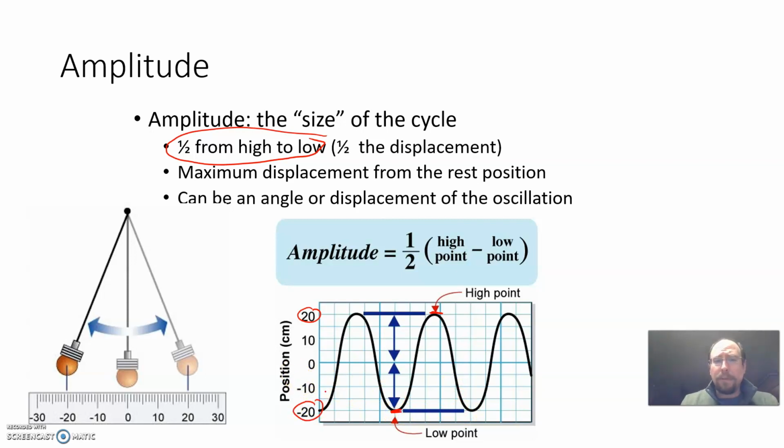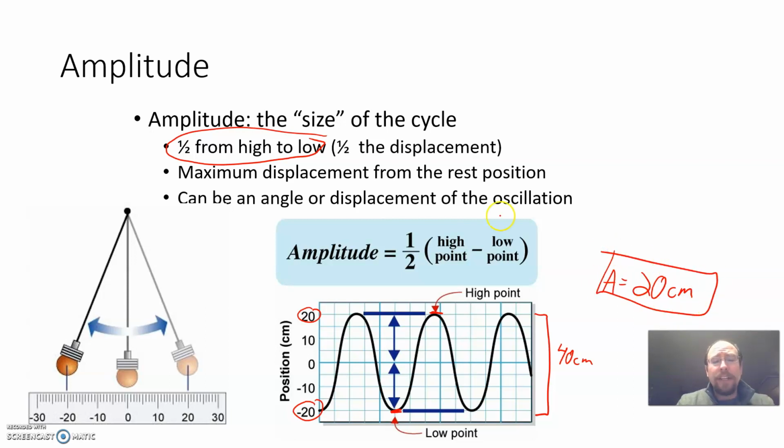You can think of this in a couple different ways. One, when we say it's half of the high to low, really it's going a total of 40 centimeters from top to bottom. But that's not the amplitude. The amplitude is only half that. So the amplitude we say is 20 centimeters. And that's kind of it.